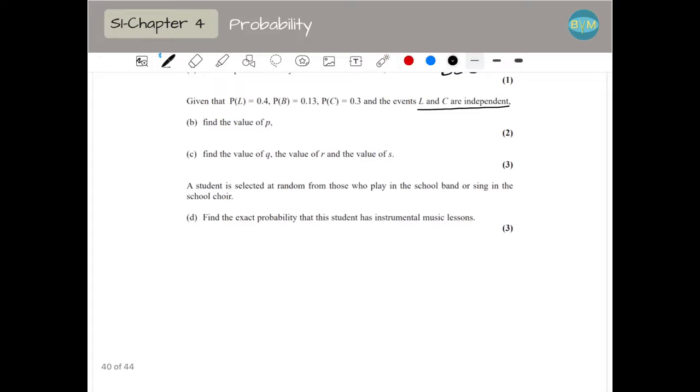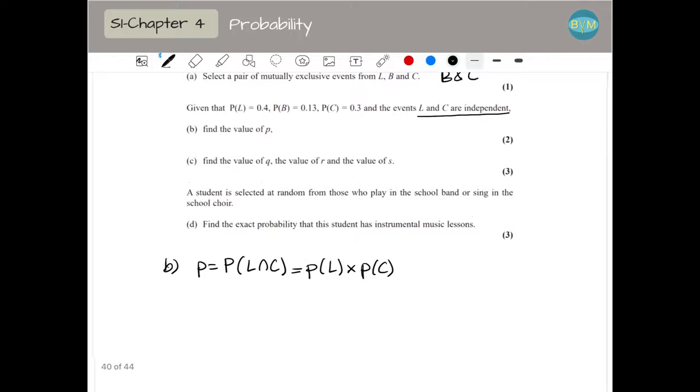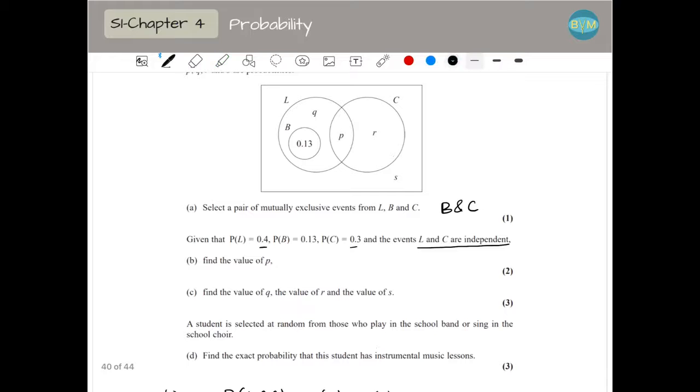P is the probability of the intersection between L and C. And as they are independent, this is going to be the probability of L times the probability of C. The probability of L is 0.4, times the probability of C, which is 0.3. So this is going to be 0.12. That's our first probability. And I'm going to write it here, just in case we need it.